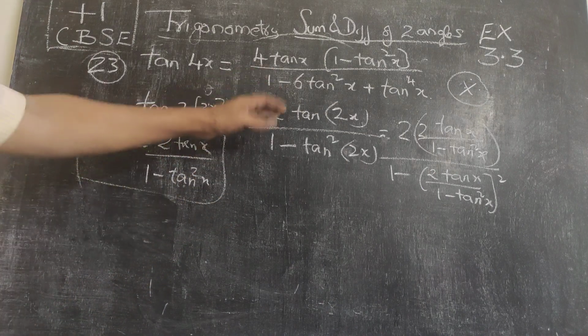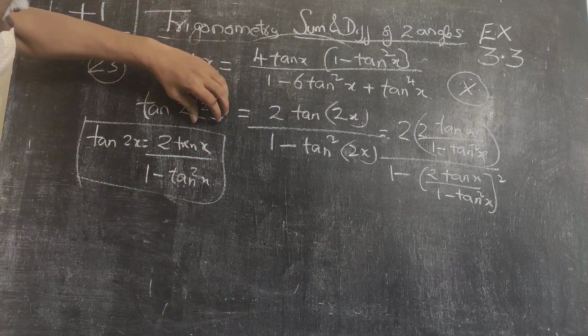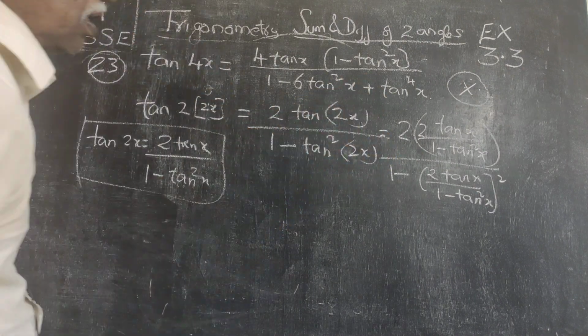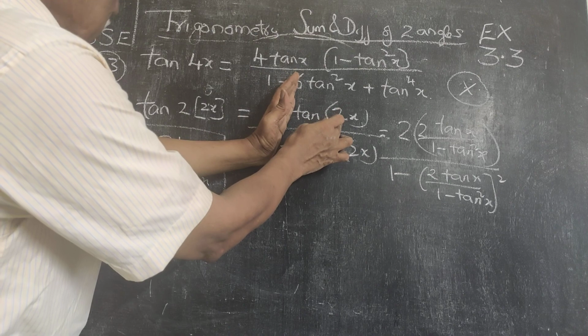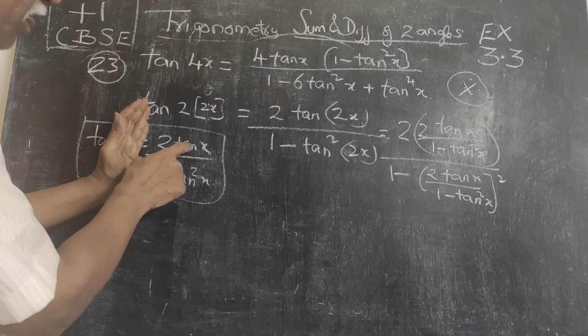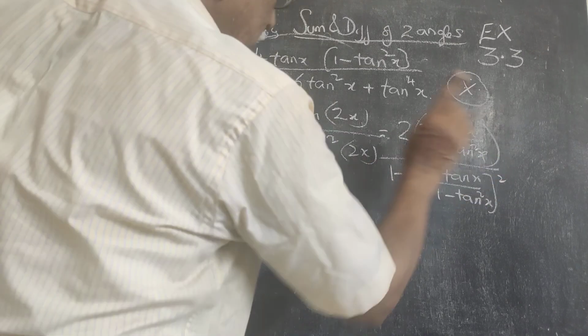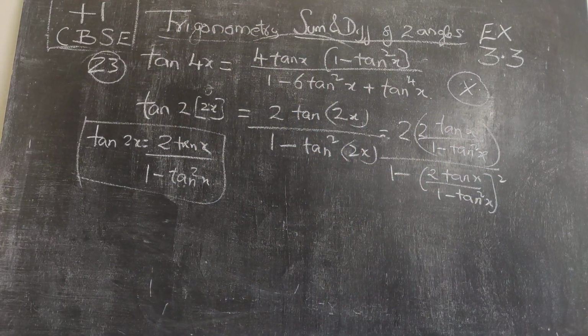That is the thing we have applied. I am considering the entire thing as theta. So 2 tan of this and 1 minus tan square of this. And now I am considering this as tan 2x, so apply the formula 2 tan x by 1 minus tan square x. Here we have to square it up. Am I clear?